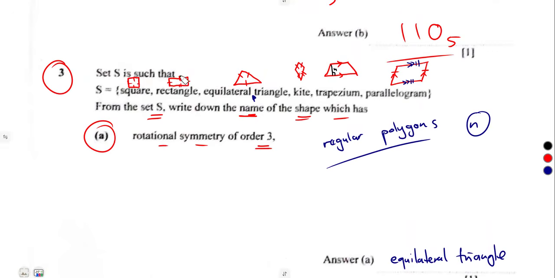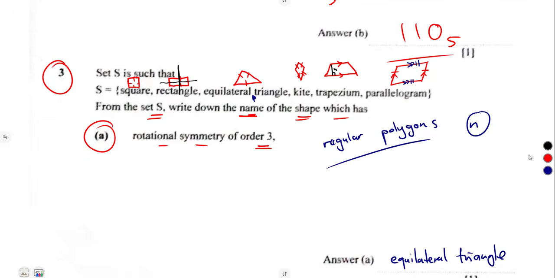So the best answer here is a rectangle. Line of symmetry 1, and this is another line of symmetry that you're going to consider. If you're given a parallelogram, it is going to be like this. It is a line of symmetry.